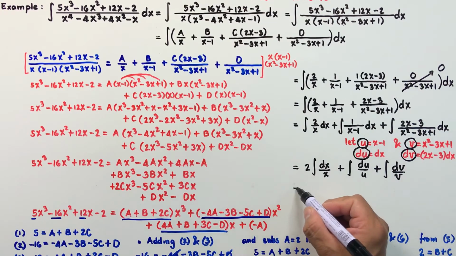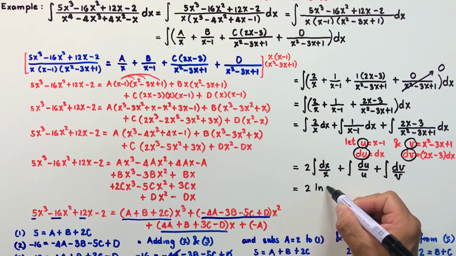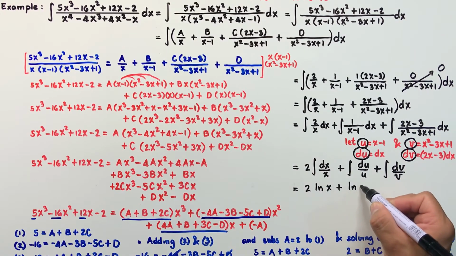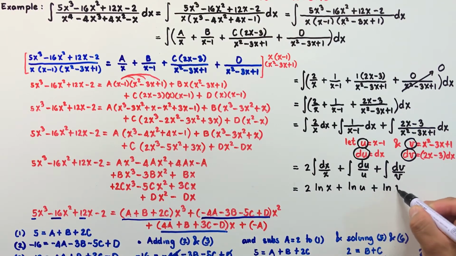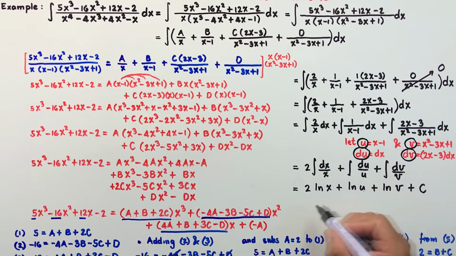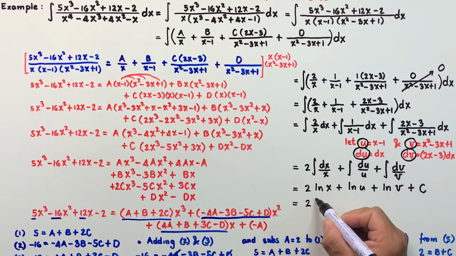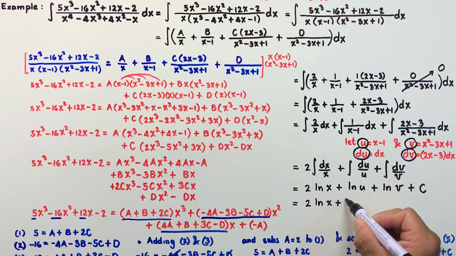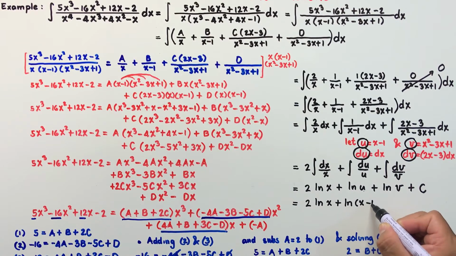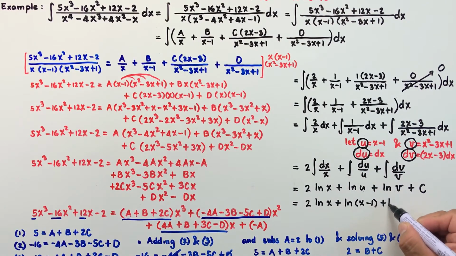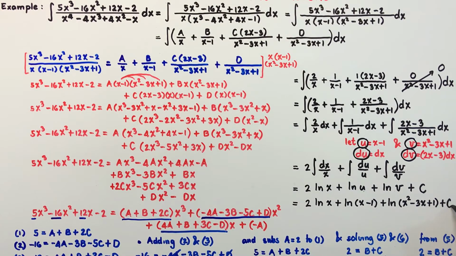So evaluating these integrals, we have 2 times the natural log of x plus the natural log of u plus the natural log of v plus the constant of integration c, and substituting back our original variables, we have 2 times ln x plus ln u, where u is x minus 1 here, and plus ln v, which is this one here, x squared minus 3x plus 1, and this is added to the constant of integration c, and this is now our answer for this example here.